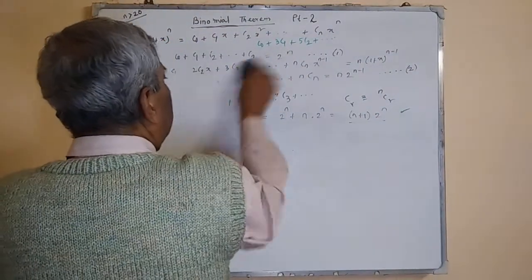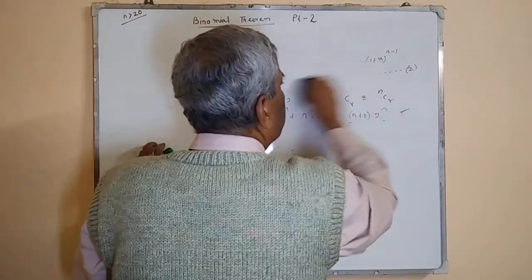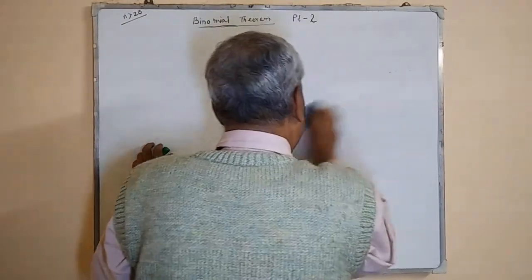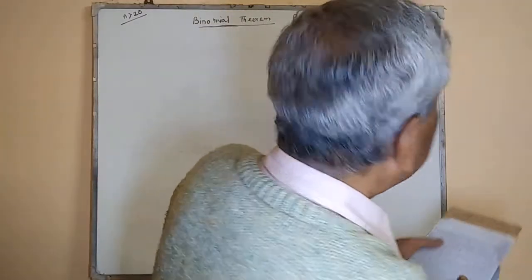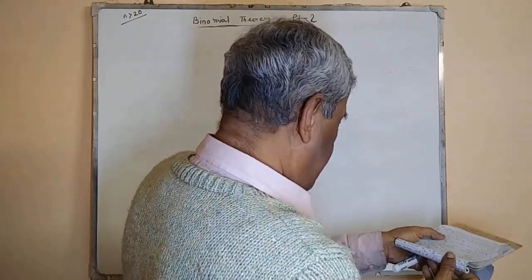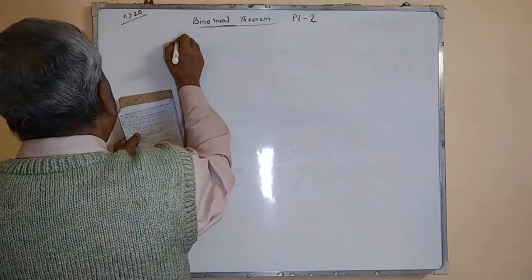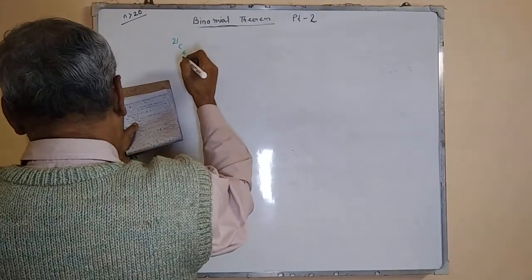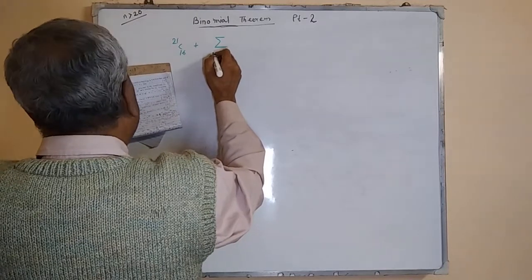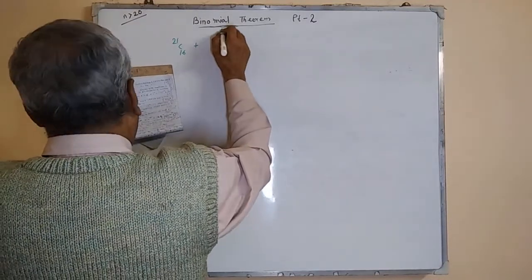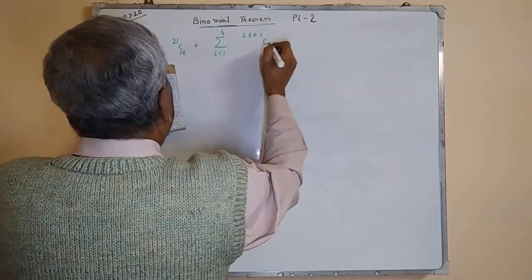Next, find the sum of 21C6 plus sigma i is equal to 1 to 4, (20 plus i) C (5 plus i).